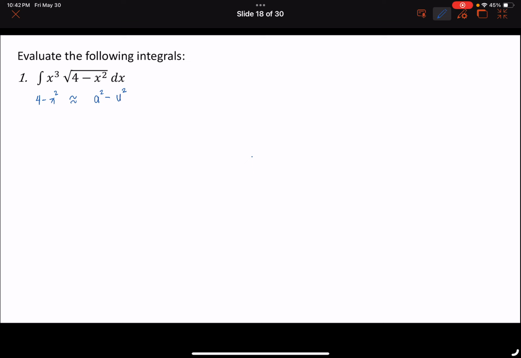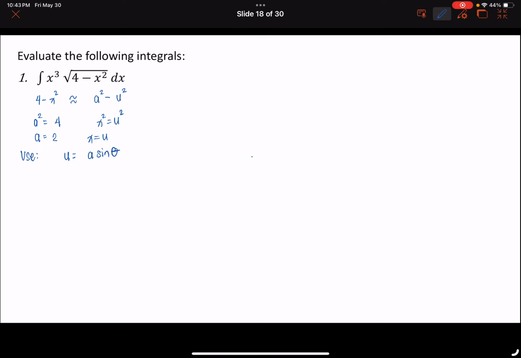So a squared minus u squared, arc sine. Therefore, we're going to set a squared equal to 4 and x squared equal to u squared. So we have a equal to 2 and x equal to u. For a squared minus u squared, we should use u equal to a sine theta.